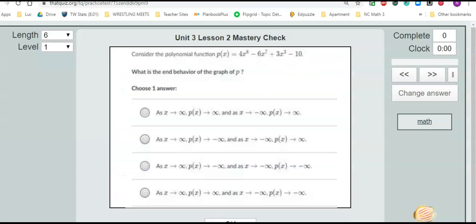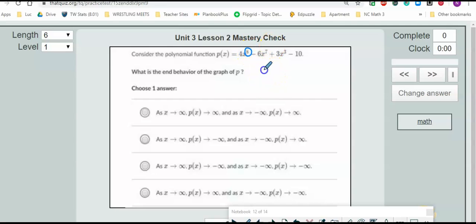So before you go, I want to show you what your mastery check is going to look like, because I want you to understand that this right here, this p of x, that's y. Okay, so I want you to look at these. These are in standard form. So what that means is you're going to look at the leading number, not the coefficient, the leading exponent. Okay, so this is an 8th degree polynomial function.